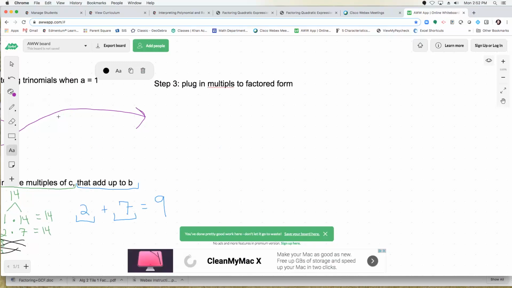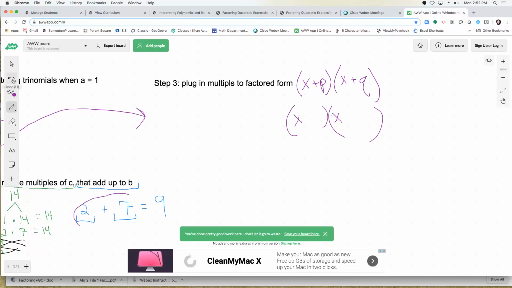What our factored form looks like is x plus p, x plus q. That's all it is. So we're saying p and q are our multiples. We're going to plug it in. We're going to have x's, and these two things are what we're plugging in.